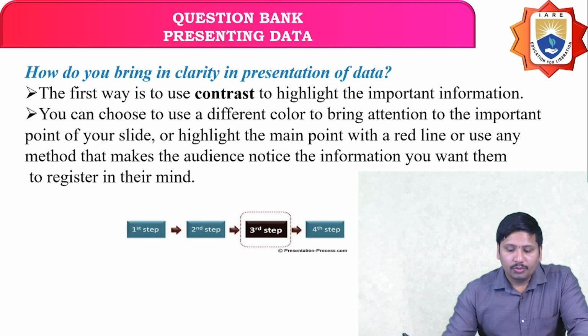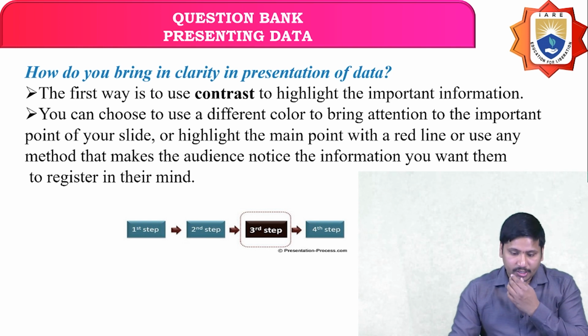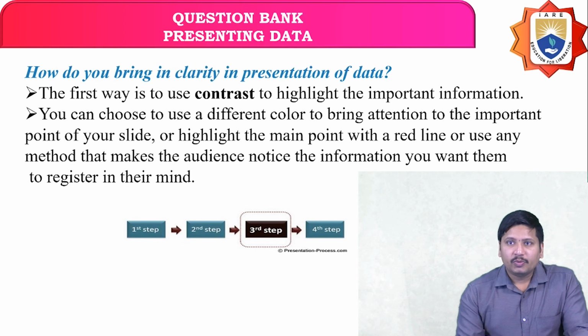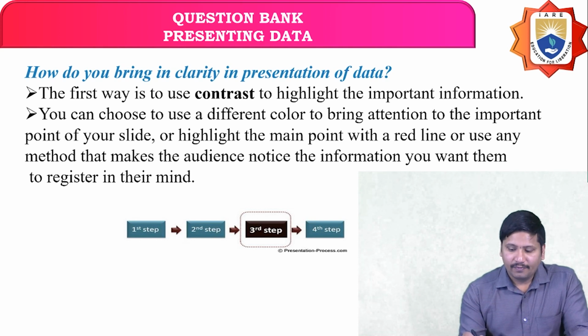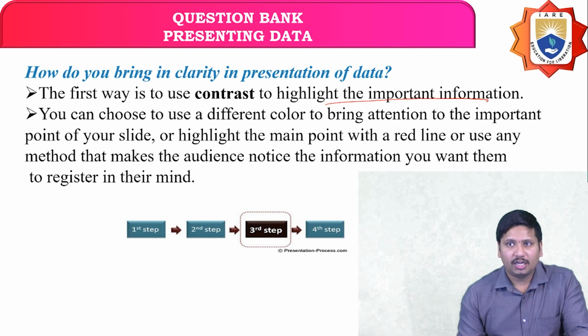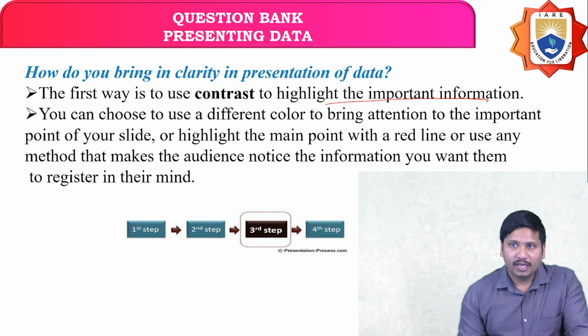Then how are we going to bring clarity in the presentation of the data? The first way is to use contrast to highlight the information. Then you can use a different color to bring attention to the important parts of our slide, or highlight the point with a red line, or use any method so that the audience notices the information you want them to register in their mind.